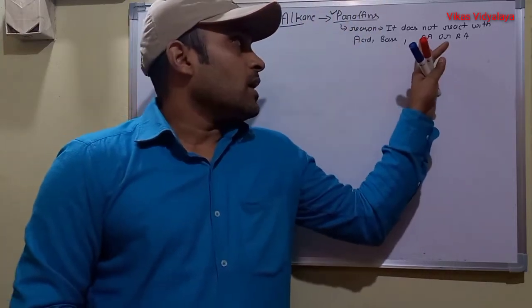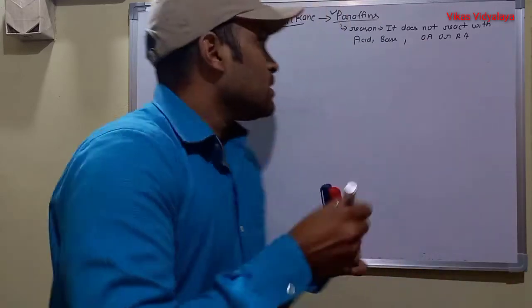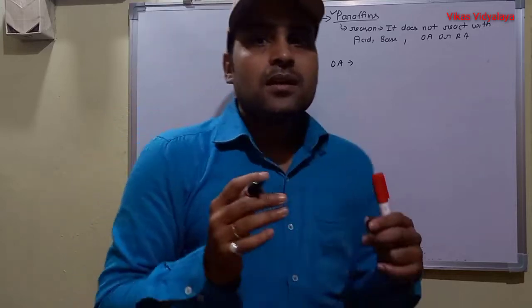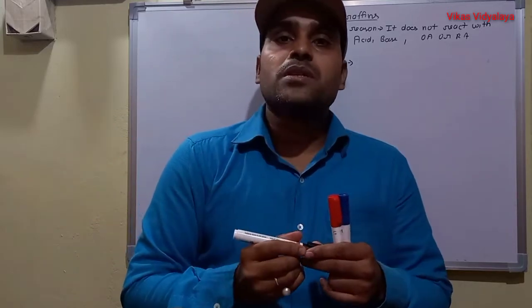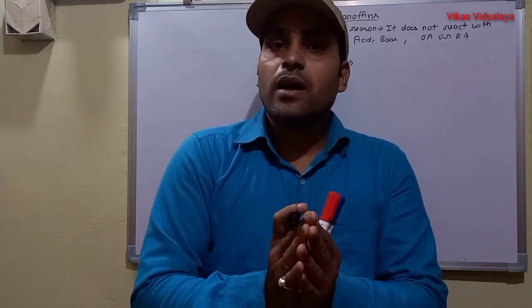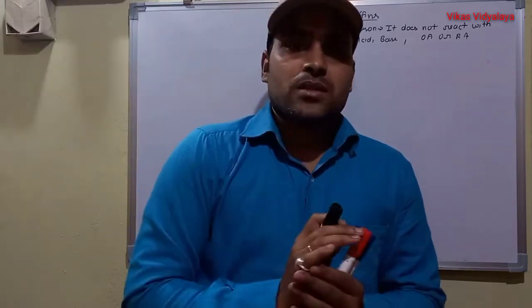So the oxidizing agent and reducing agent, how will we define them? An oxidizing agent is a substance which is responsible for the addition of oxygen and removal of hydrogen from other substances.